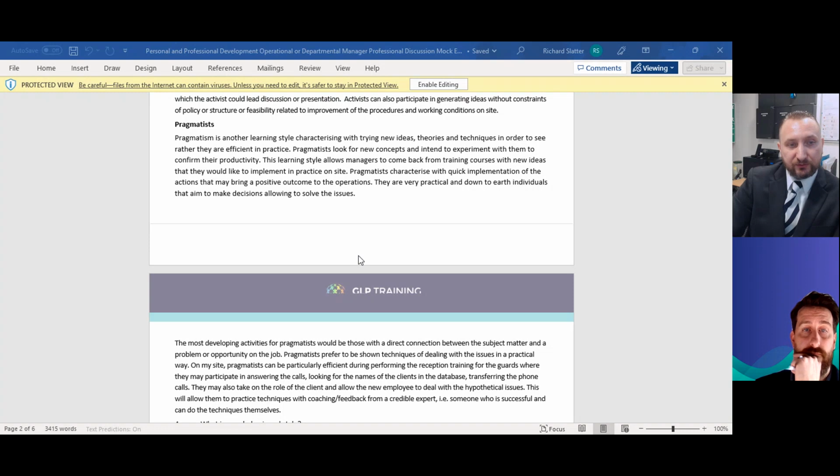They may also take on the role of the client and allow the new employee to deal with hypothetical issues. This will allow them to practice techniques with coaching feedback from a credible expert, in other words, someone who is successful and can do the techniques themselves.